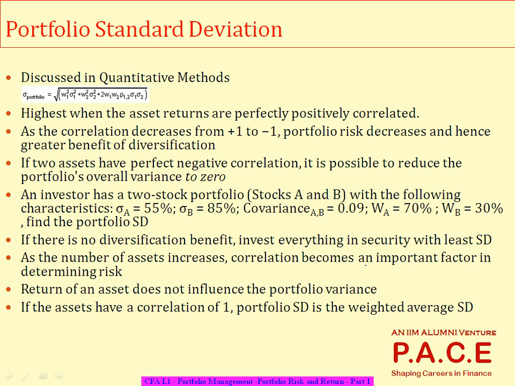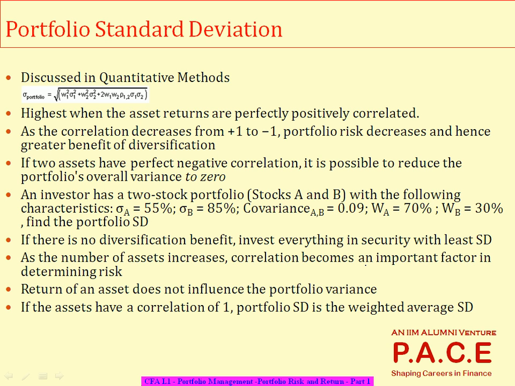If the correlation moves away from 1 towards -1, the diversification benefit keeps increasing, which means the portfolio standard deviation is getting lesser and lesser.